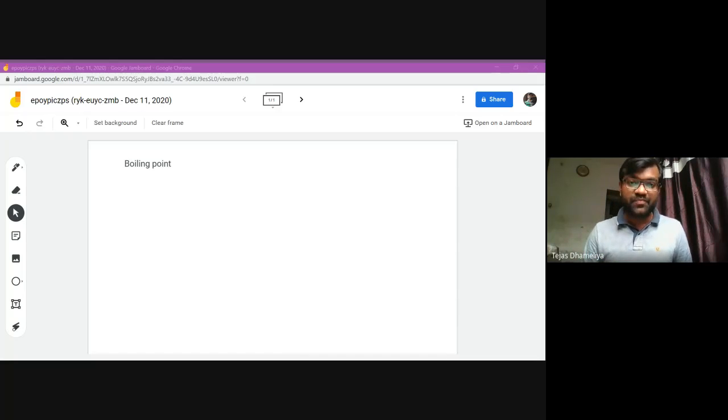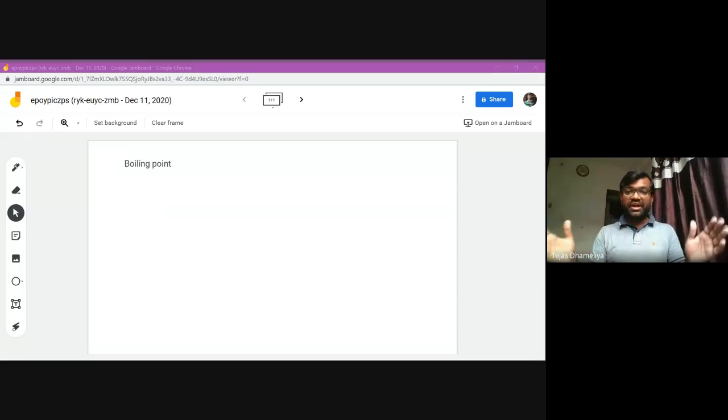The process is increasing the temperature of water. Whatever water is there will start boiling at a certain temperature. If you put the gas stove on full control, then it will start boiling.